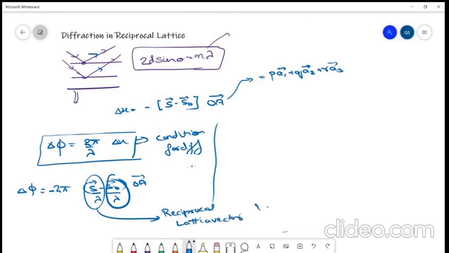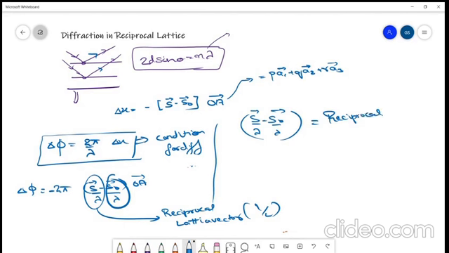Because they have a dimension of 1 by length, as they are divided by lambda, and lambda has a dimension of length. So S by lambda minus S naught by lambda is a reciprocal lattice vector.